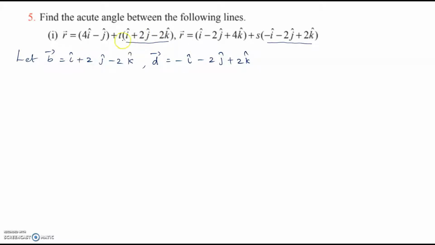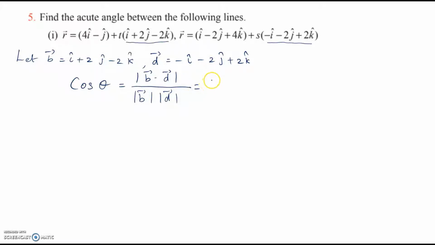So this is my vector B and this is my vector D. Now cos theta would be equal to the magnitude of the dot product of B and D divided by the magnitude of B times the magnitude of D.